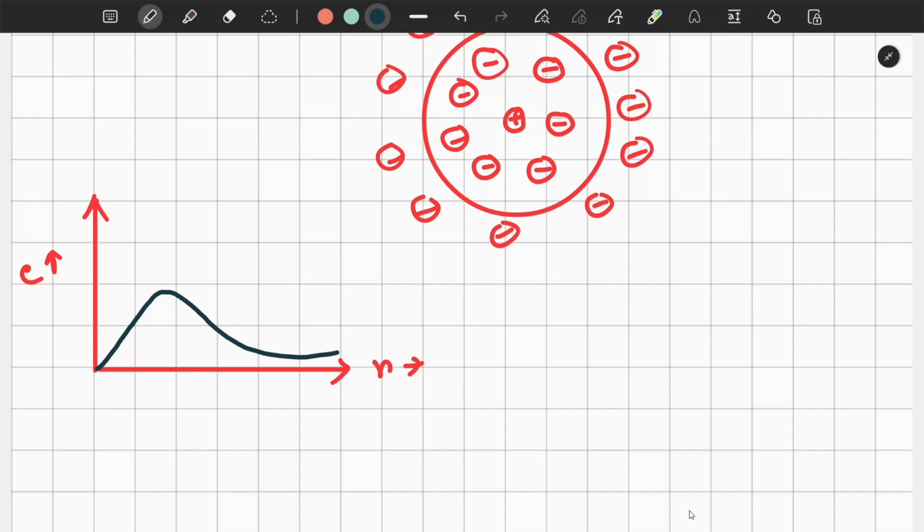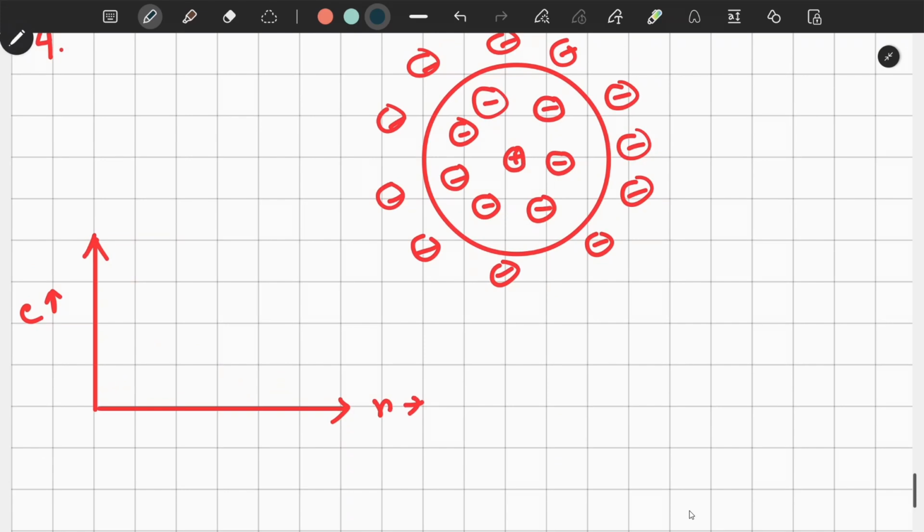Yes, the velocity distribution of gas, or the hydrogen atom. So how does this plot appear? The density will decrease exponentially as R increases. And the volume of the shell increases as 4 pi r square. If you combine these two, that will be the total combination, this.